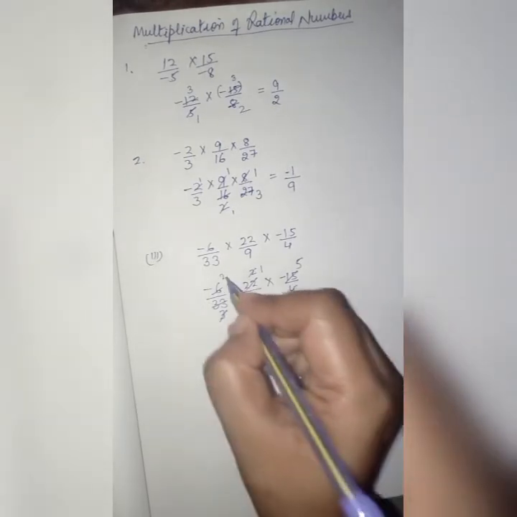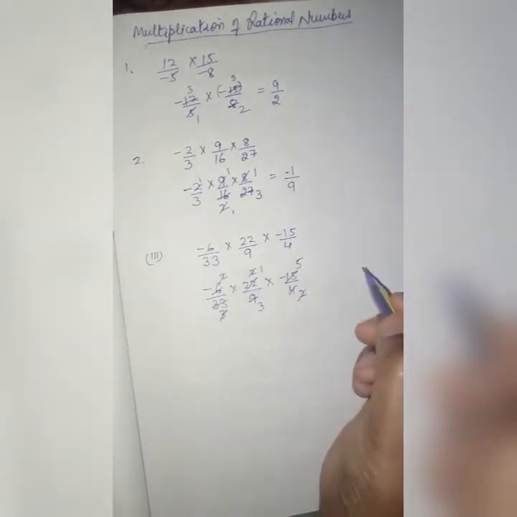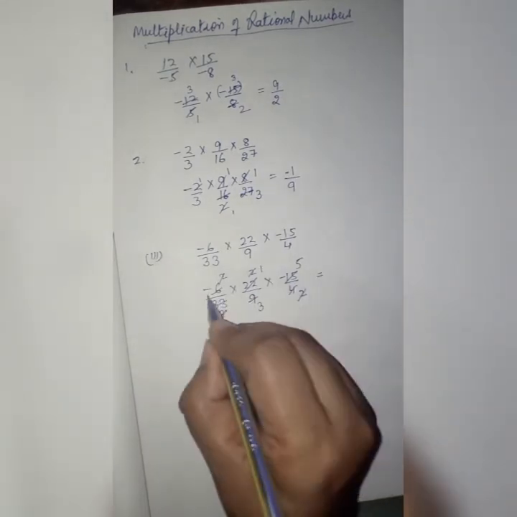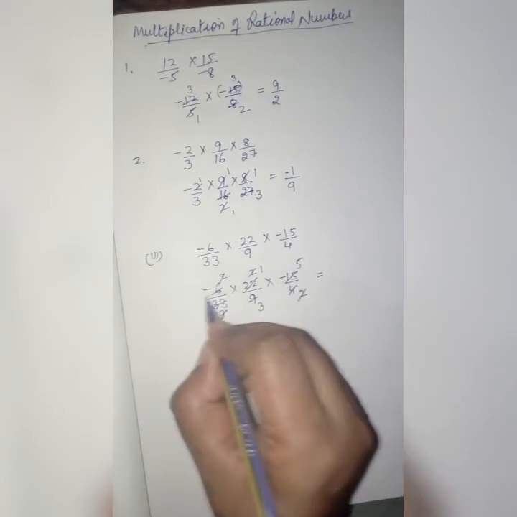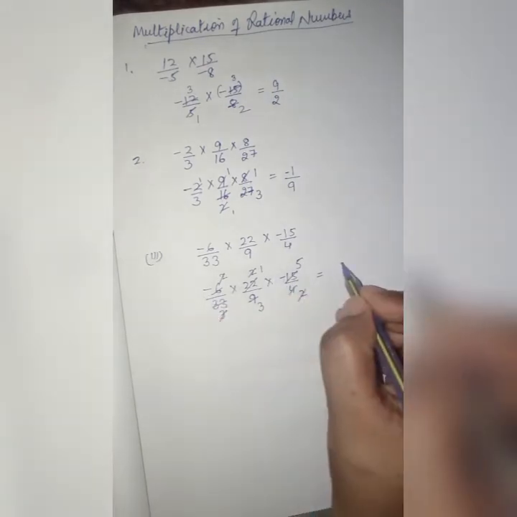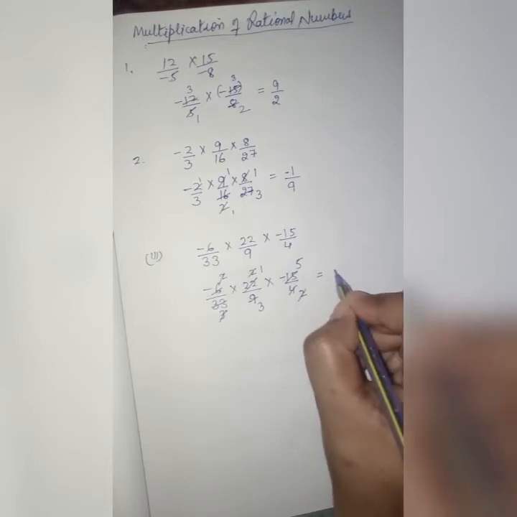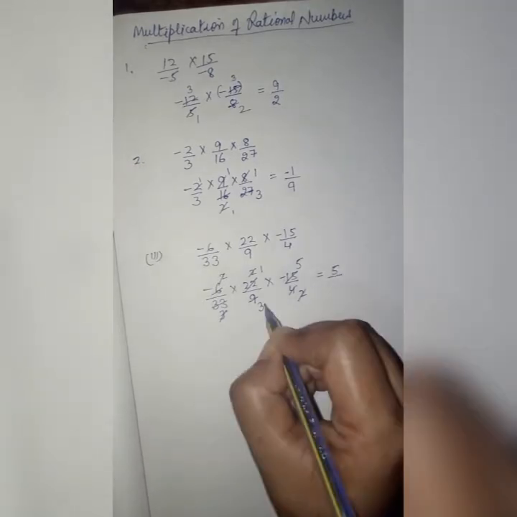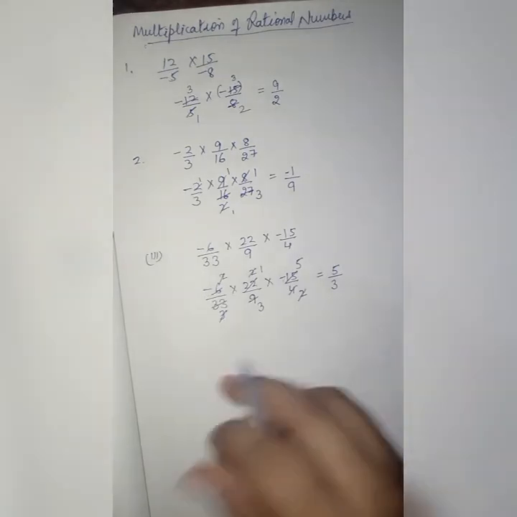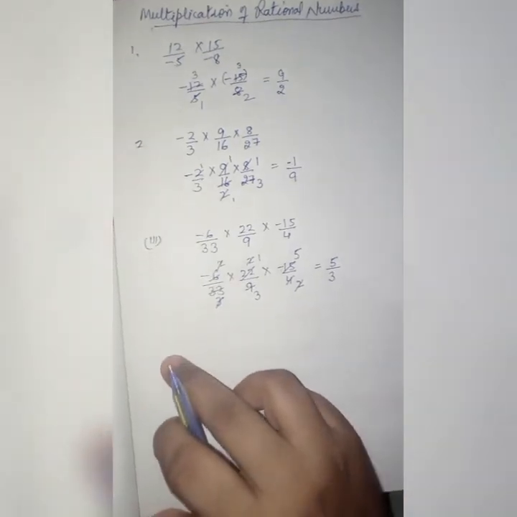And this 2 and this 2 are also cancelled. So your answer will be, you can see 2 negative signs. 2 negative signs means it will become positive, and only 5 is in the numerator and only 3 is in the denominator. So your final answer is 5 upon 3.